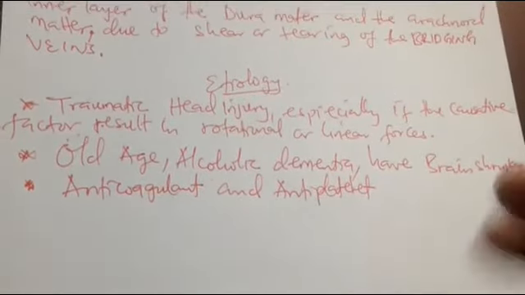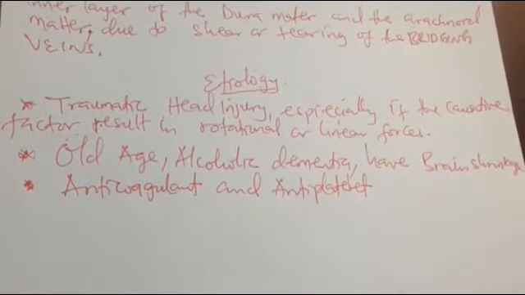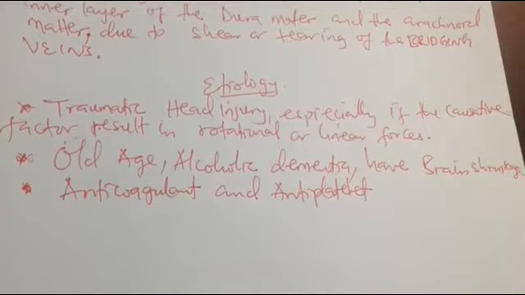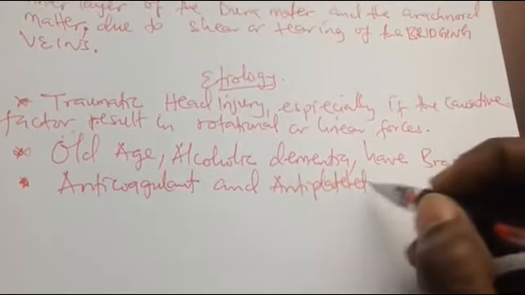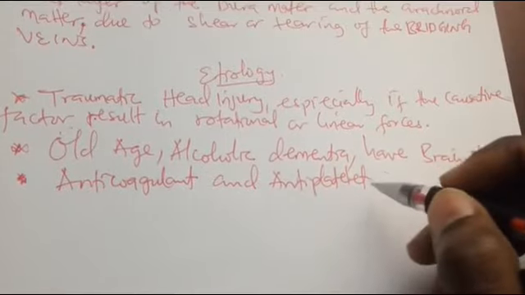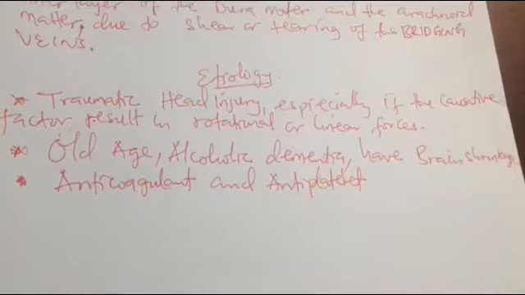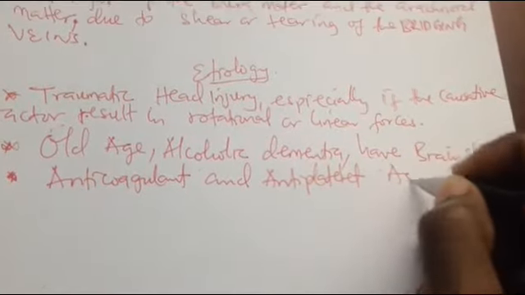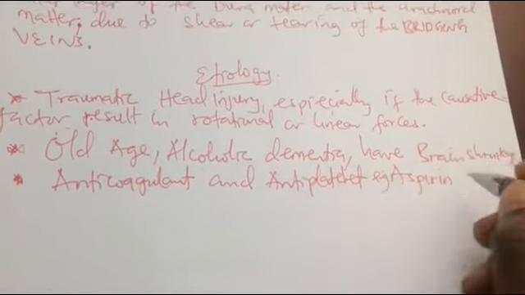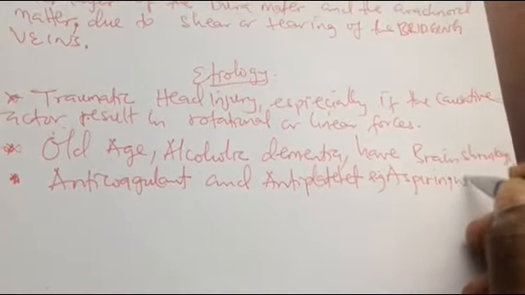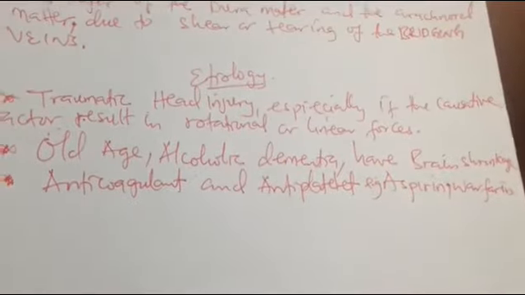For example, GI bleeding, that is gastrointestinal bleeding, or joint bleeding, because of the anticoagulant or antiplatelet they are taking. This occurs as a side effect. Long-term use of these drugs, for example aspirin or warfarin, and so on. So that is it.